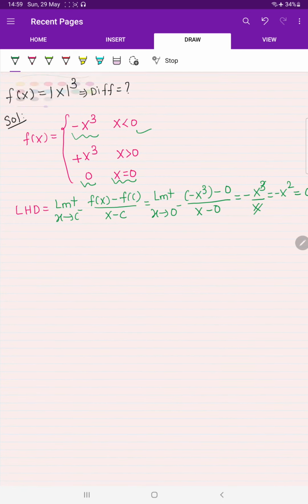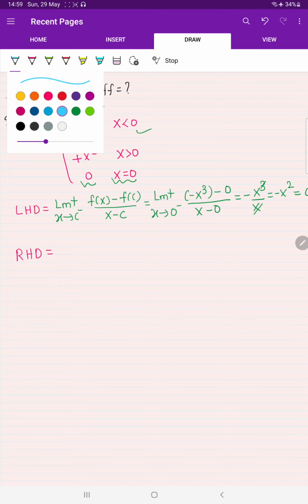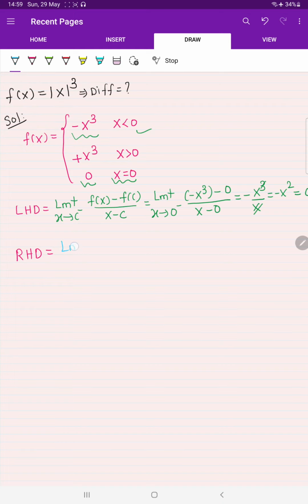Now, let us take the second. In the same way, I am talking about the right hand side derivative. So, the right hand side derivative can be further defined as limit x approaching c plus, and the function can be written as f of x minus f of c upon x minus c.